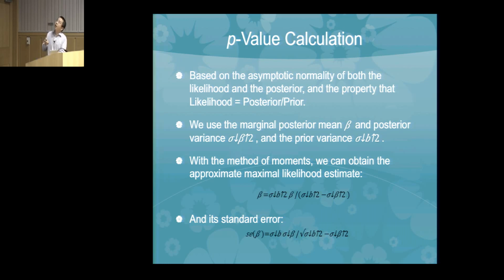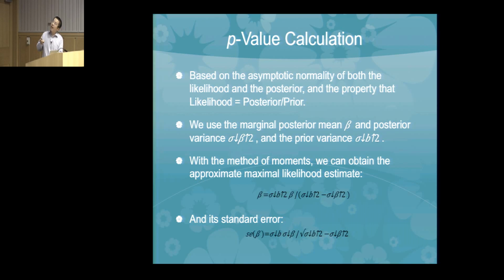More specifically, we assume that the prior distribution of beta follows a normal distribution with mean 0 and variance sigma squared 0,1. In fact, it doesn't matter because the prior will be canceled out from the posterior to give you the likelihood. Then we compute the posterior, and use the method of moments to match the first and second moments, and eventually we get our beta hat estimates.